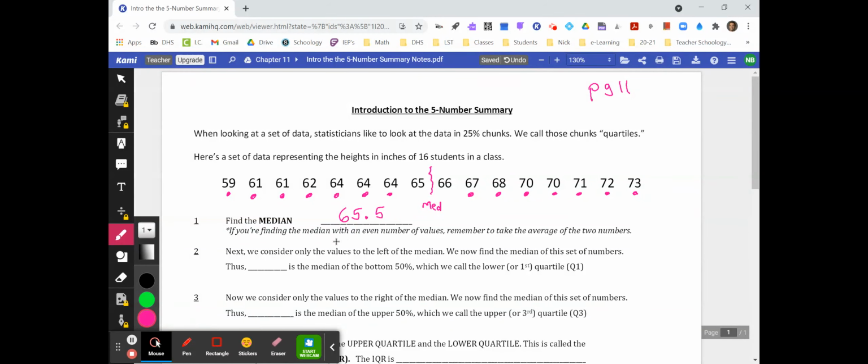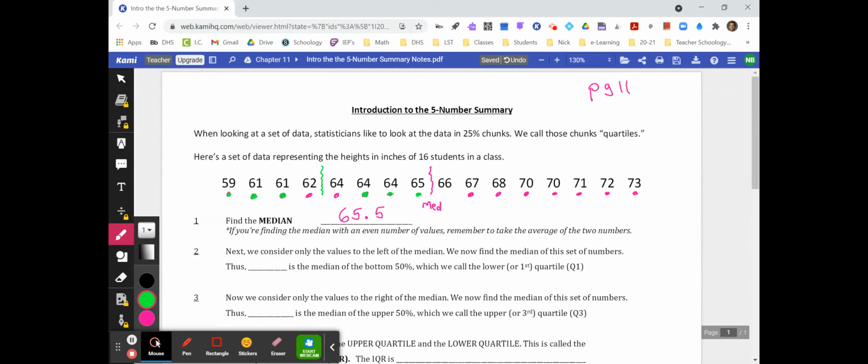Now our next job, number 2, is we're going to consider only the values to the left of the median. And now we're going to find the median of this set of numbers. So let's go ahead and find that. So again, we like going back and forth here to find that middle number. So if I'm going back and forth, I can see now here is going to be the median of the lower 50%.